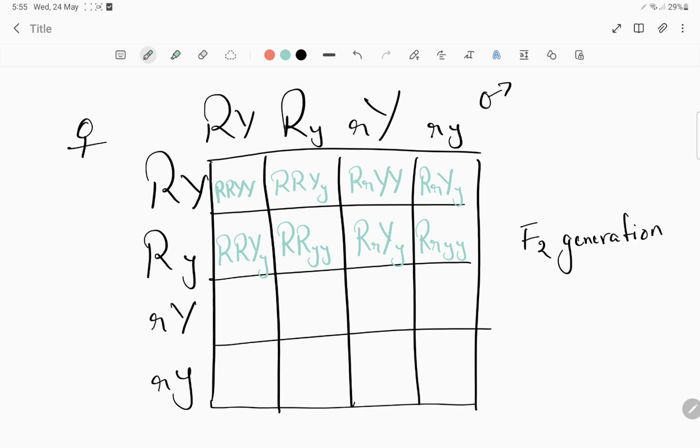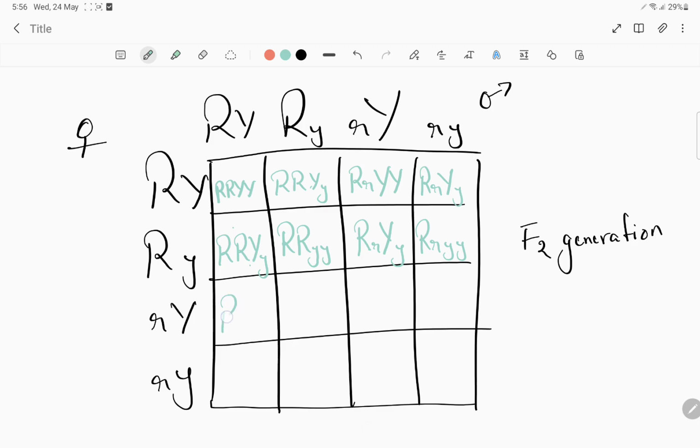Counting these parts, 1, 2, 3, 4, 5, 6, the six are phenotypically dominant in both ways, having the parental combinations of phenotype.